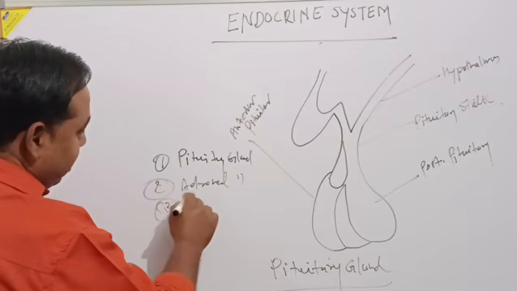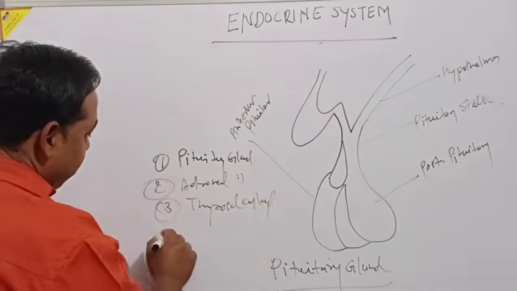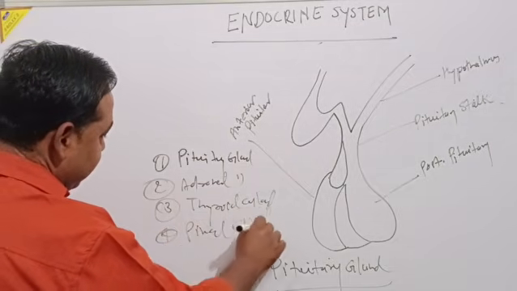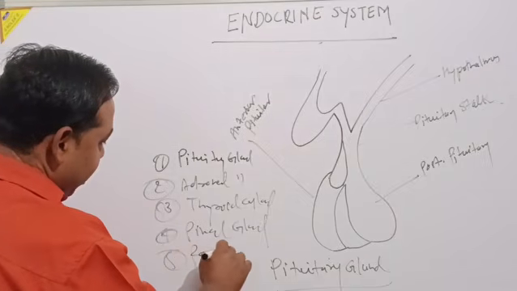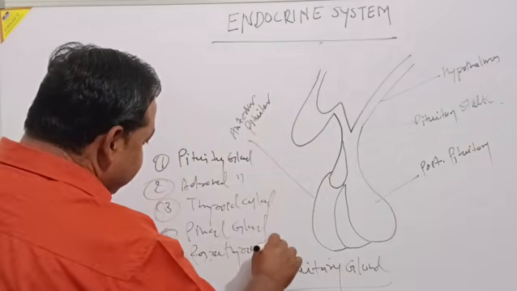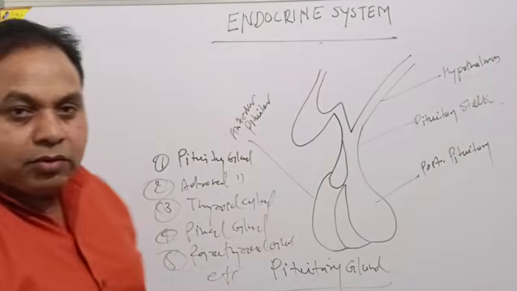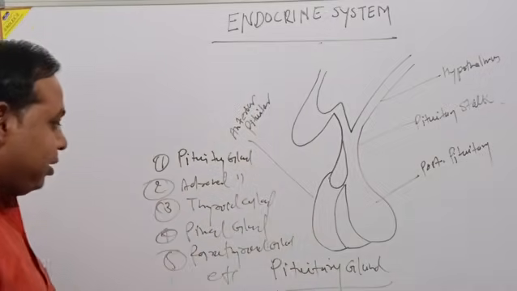Third one is the thyroid gland. Fourth one is the pineal gland. Fifth one is the parathyroid gland, etc. Some other glands are also available, but these are the most important glands of the body.